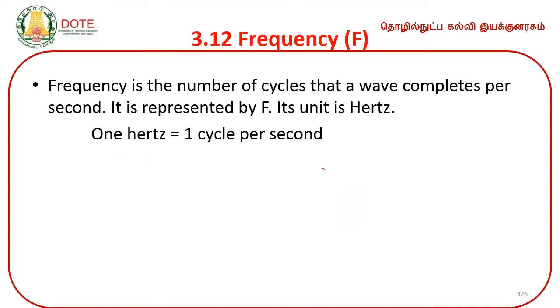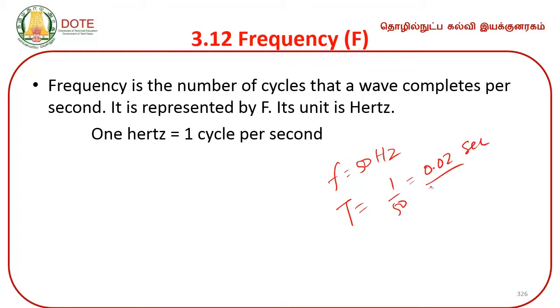Frequency is the number of cycles that a wave completes per second. It is represented by f, its unit is hertz. 1 hertz is equal to 1 cycle per second. In the domestic supply, the frequency is 50 hertz, which means the time period is equal to 1 by 50, which is equal to 0.02 second.